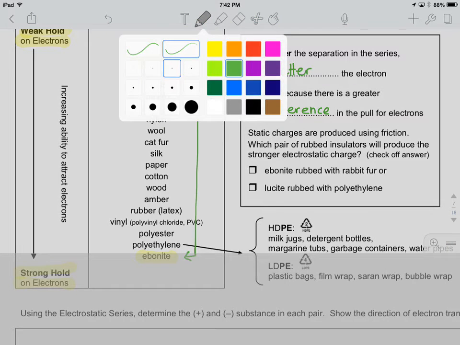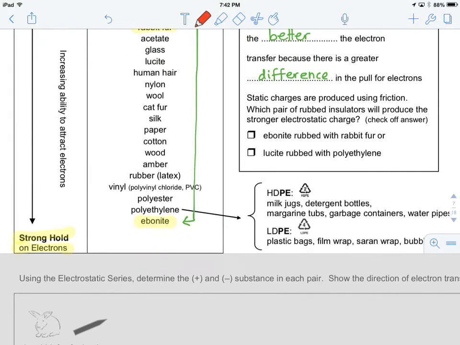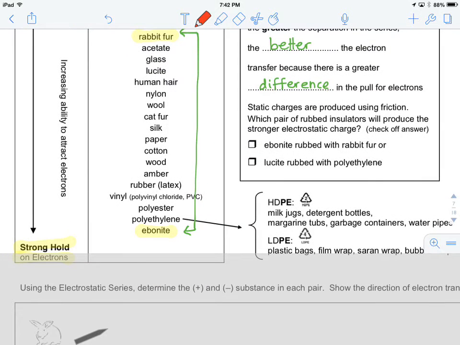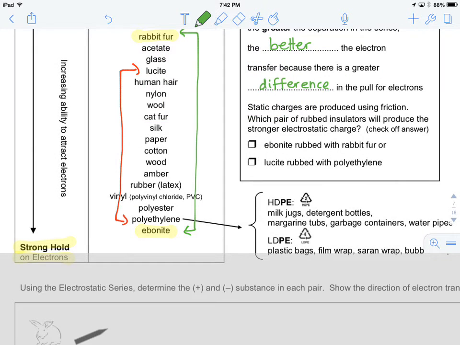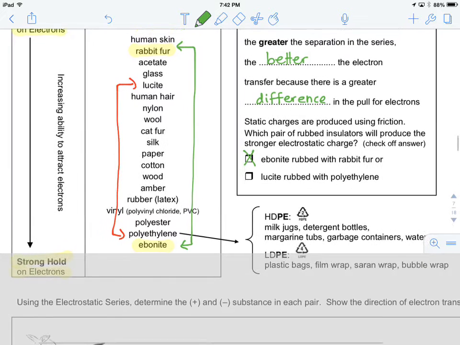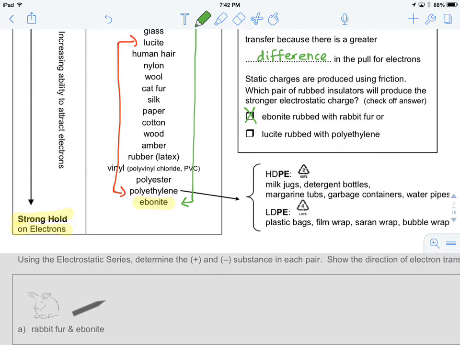And when we look at, say, lucite and polyethylene, they're pretty separate too, but not quite as far apart as the others. So if we were going to compare these two pairs and say which will produce a stronger electrostatic charge, you'd have to go with ebonite and rabbit fur because they are farther apart.